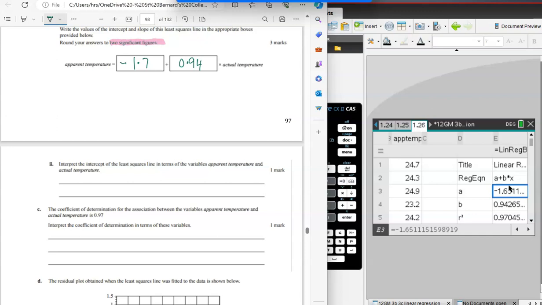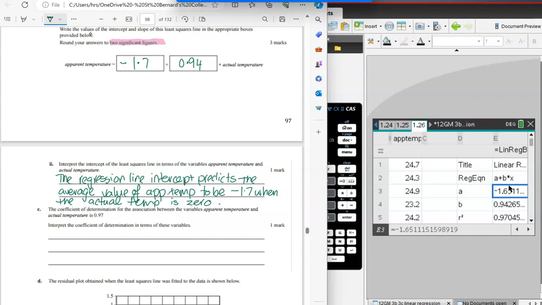So we'd be writing: the regression line intercept predicts the average value of apparent temperature to be negative 1.7 when the actual temperature is 0. Okay, so there's my answer.